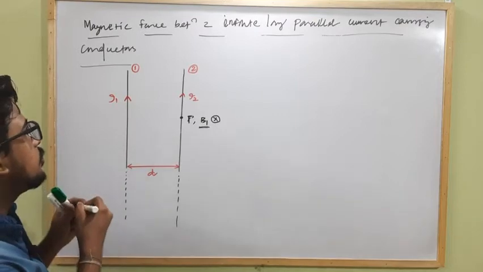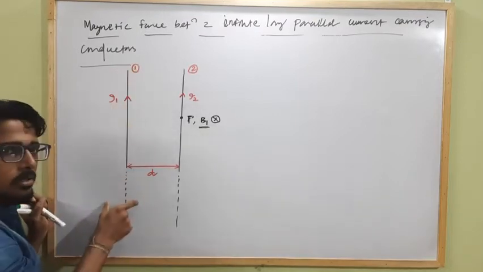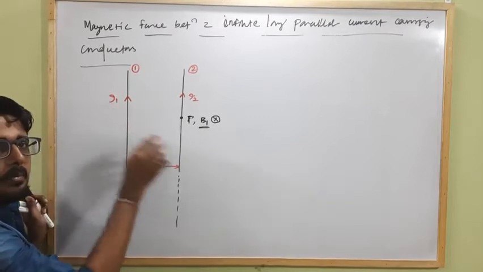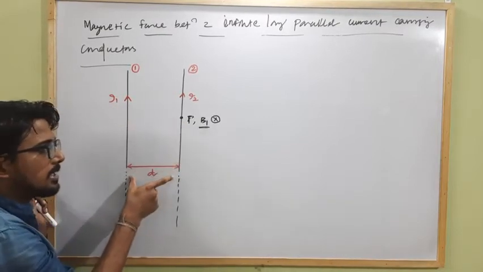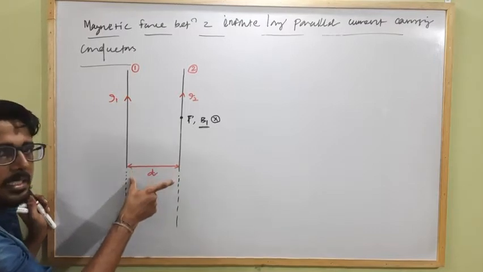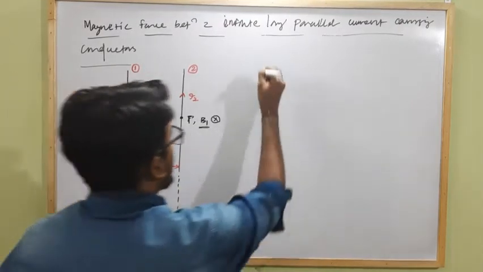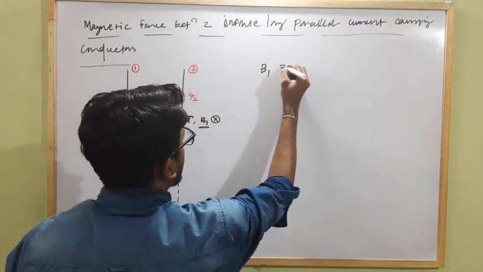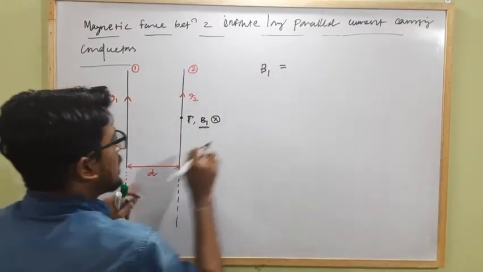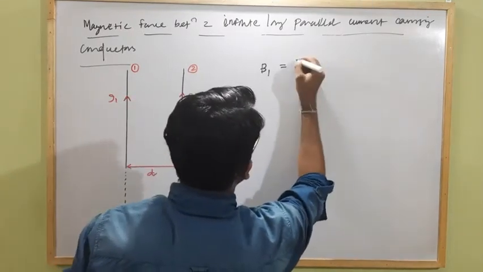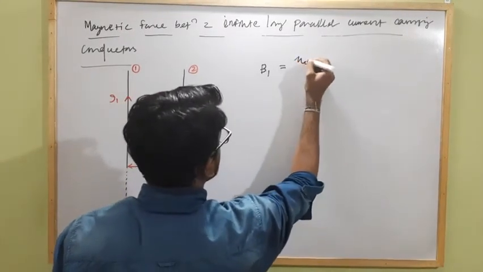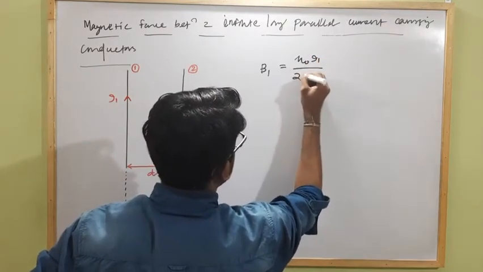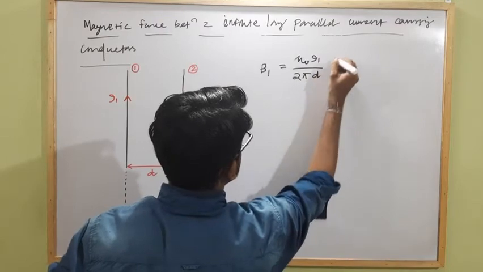So we already know, due to an infinitely long current carrying conductor which carries current I1, the magnetic field strength at any point at a perpendicular distance d will be how much? The magnetic field strength B1, as this is an infinitely long straight conductor, will be mu naught I1 divided by 2 pi d.